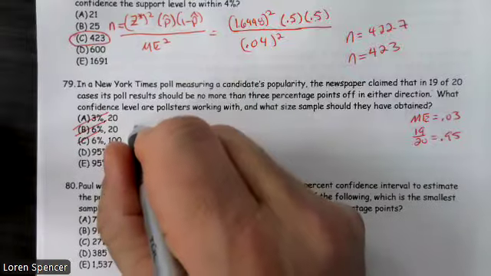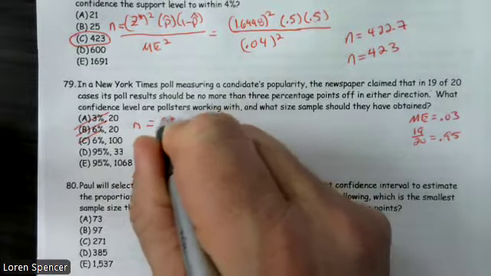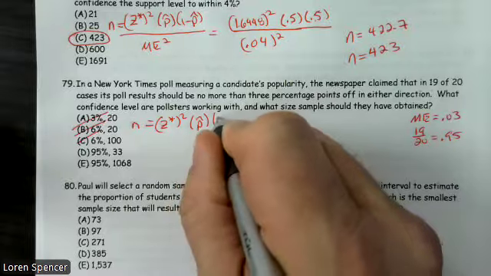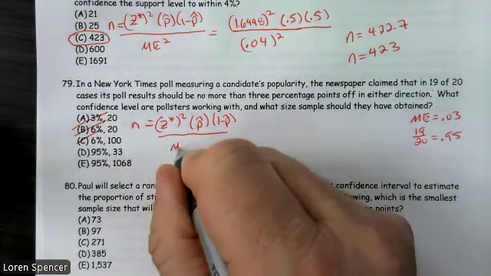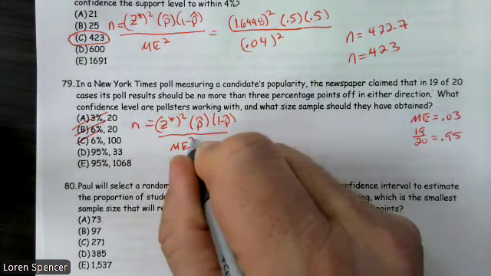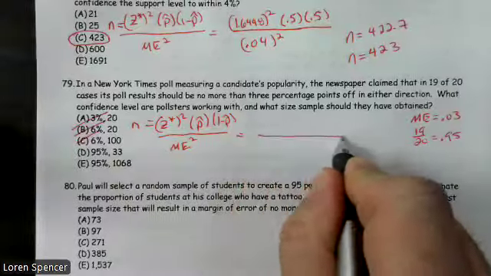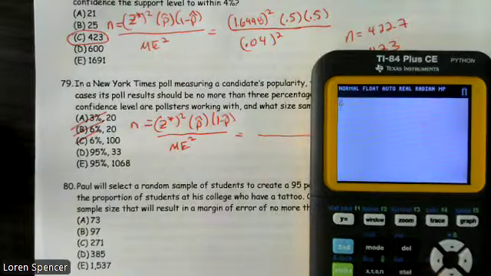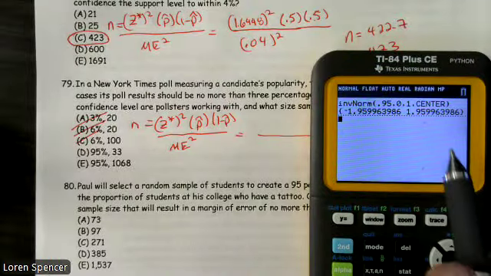Well, we're going to go back to our sample size formula. N equals Z star squared P hat times 1 minus P hat over ME squared. Well, since we know our confidence level, we can go to second vars, inverse norm, 0.95, mean zero standard deviation 1, and we end up getting 1.9599.